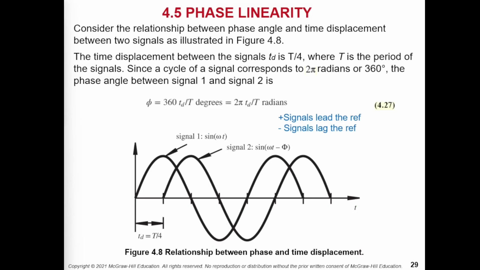Here, TD is the time for the phase change. When you measure the two signals, you can measure their phase, right? The phase in the time domain, we call it TD here.